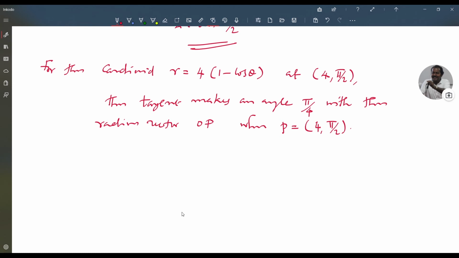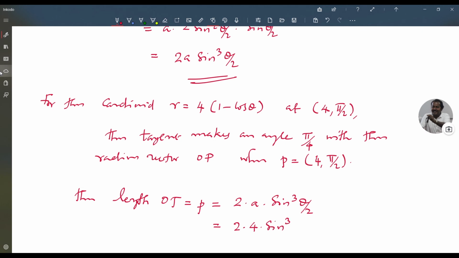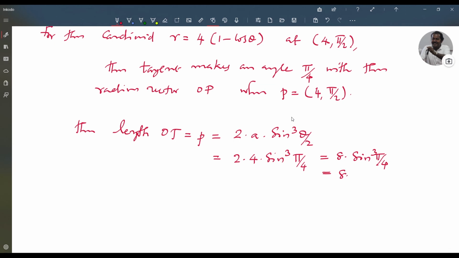Now we show that the length OT, that is equal to little p, is 2a, here a is 4, into sine cube theta by 2. So this is 2 into 4 into sine cube pi by 4, that is equal to 8 into sine pi by 4 the whole cube.